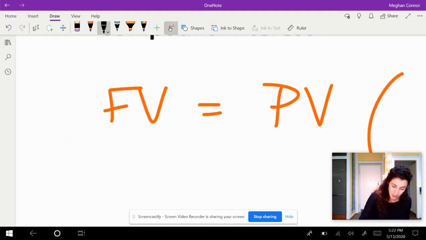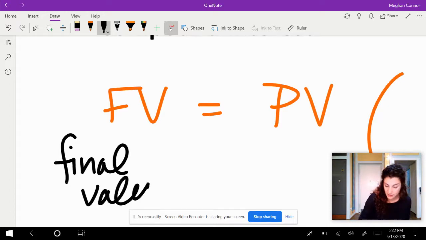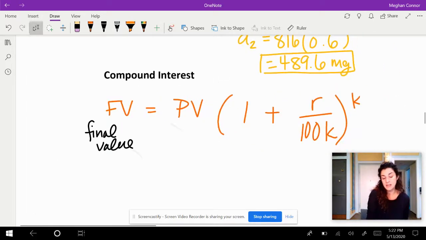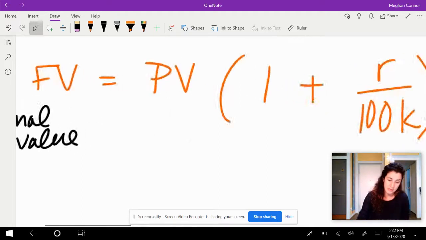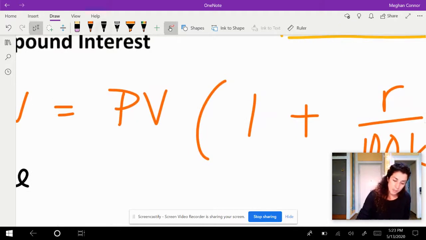FV is your final value. Your final value is how much you have at the end, whether it's how much something is worth after a certain number of years with a certain percentage of depreciation. If you bought a car and its value depreciates over time, the final value would be, after 10 years, what is the value? That's what your FV would be. PV is your present value.